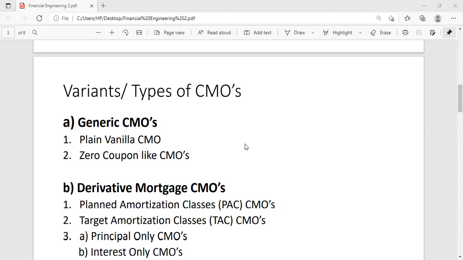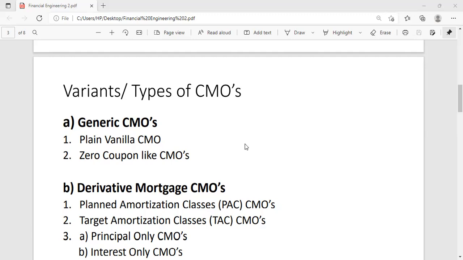Therefore, the coupon accrued to the tranches has a similar pattern, with the short life tranche having the lowest coupon, and such attributes allow investors to choose an investment option that matches his or her investment goals.